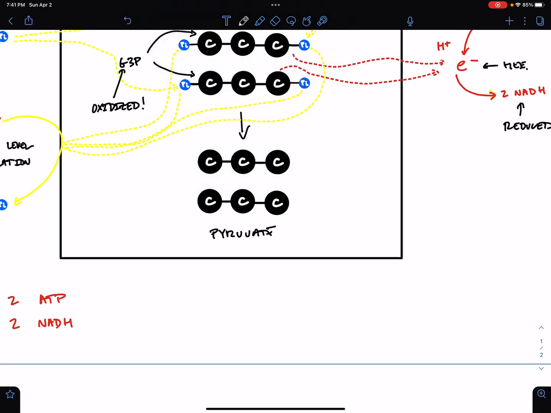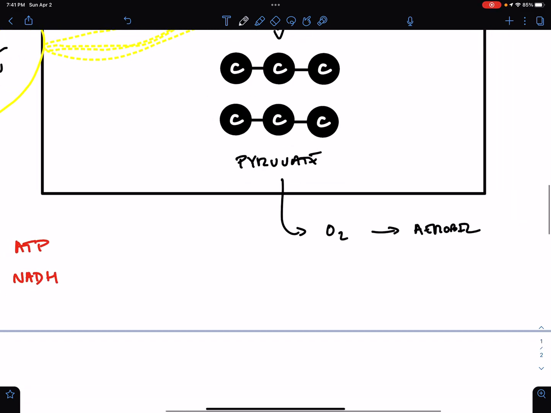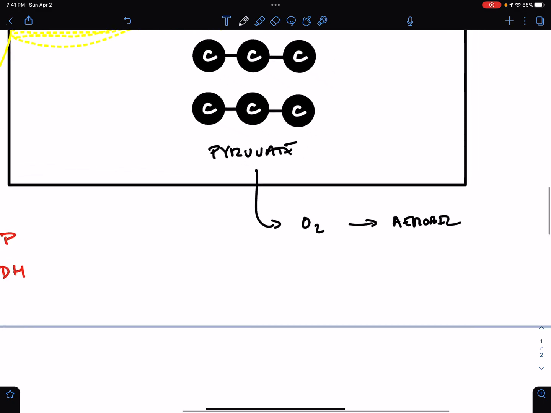In the presence of oxygen, it's going to go down the aerobic pathway, which is much more lucrative for the cell in terms of energy extracted from the molecule.